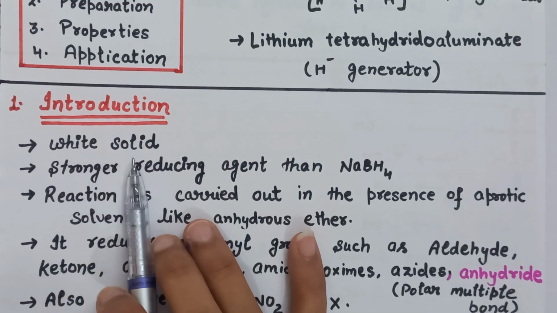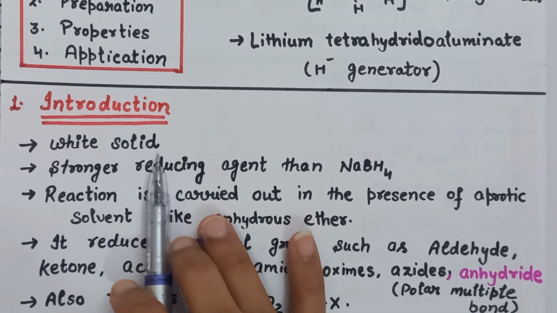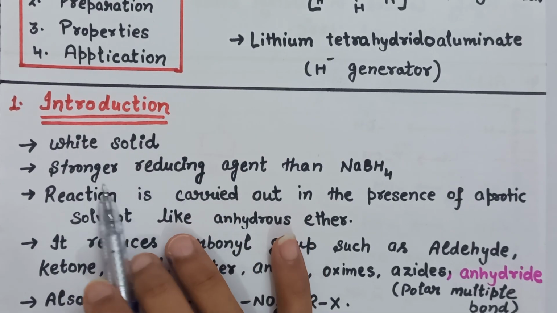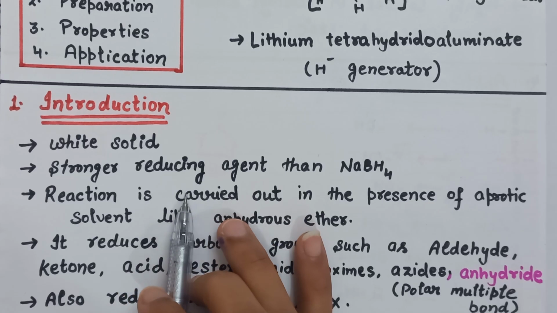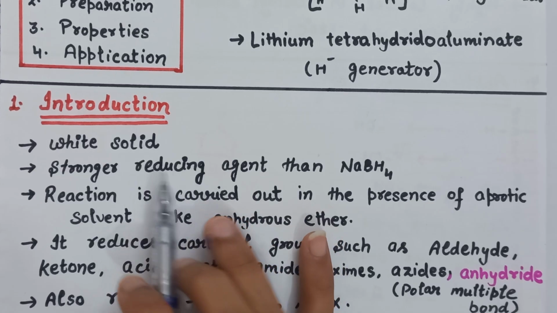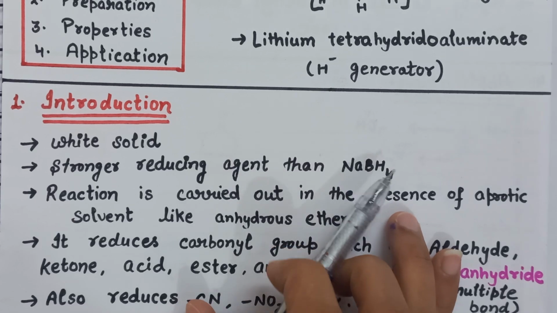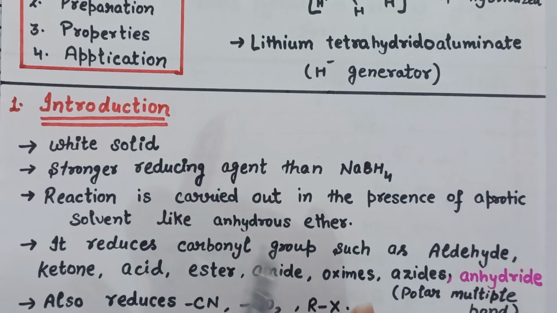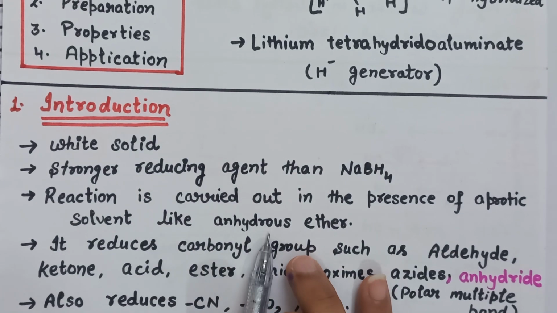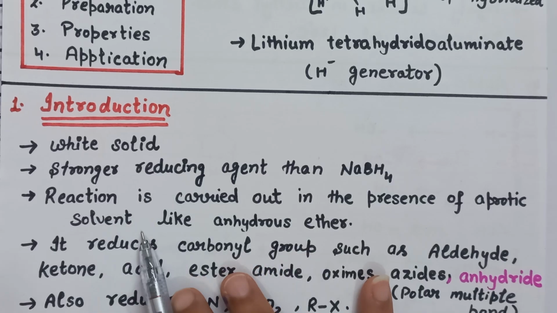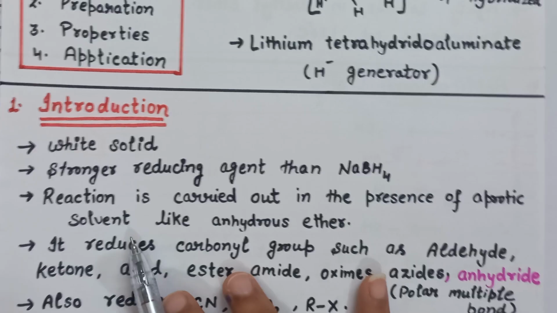Lithium aluminum hydride is a white solid, and it acts as a stronger reducing agent, meaning it is much stronger than sodium borohydride. Most of the reactions of lithium aluminum hydride are carried out in the presence of aprotic solvents like anhydrous ether.